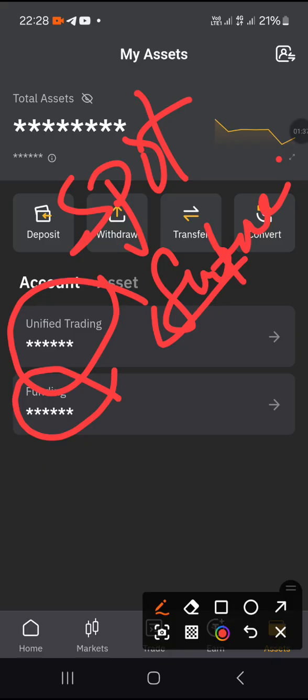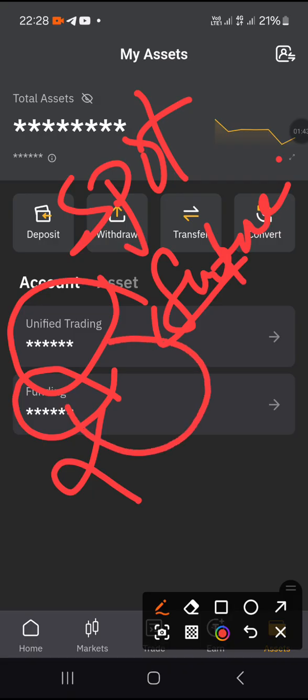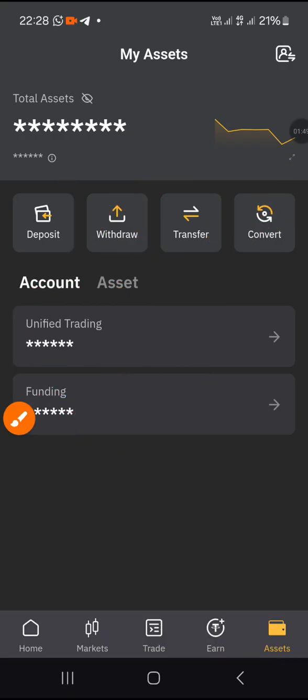If your funds are in the funding wallet, the first thing you need to do is transfer them from the funding wallet to the unified trading account, because only funds in the unified trading account will be able to trade.